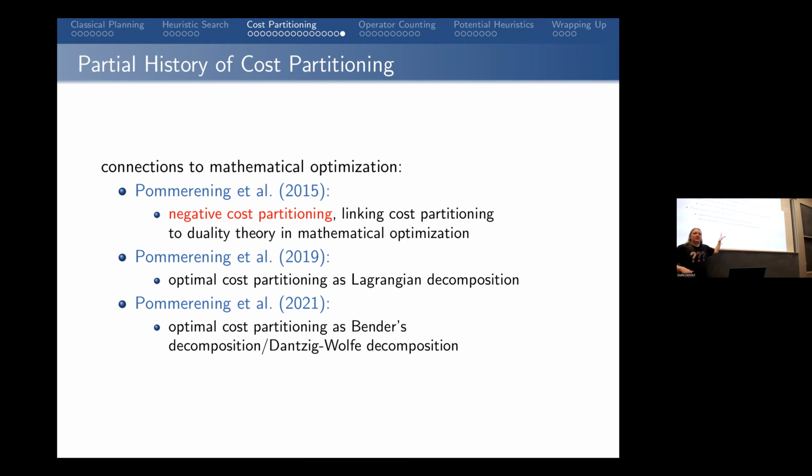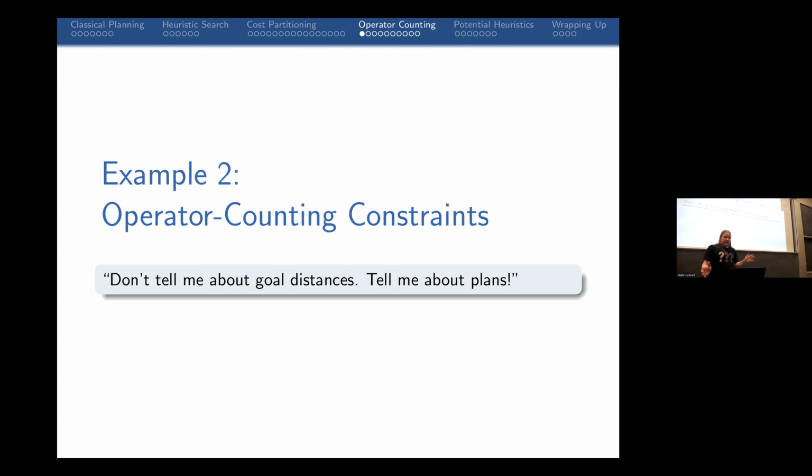So these all attempt to get as close as possible to the best cost partitioning while being reasonable in terms of the computations they do. And the last two in particular are anytime approaches where you get a better and better cost partitioning over time. You can stop at any time and say, okay, I spent enough time on this. Let's now use this heuristic for search. Okay, so this was the first and largest part.